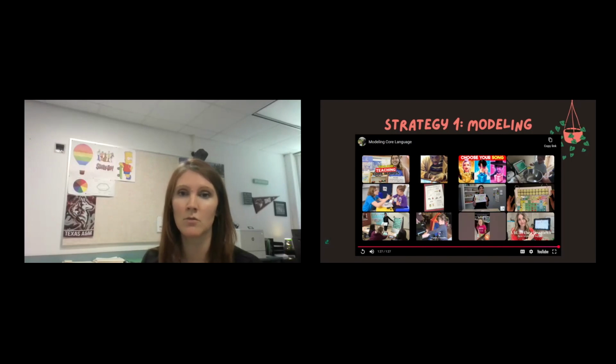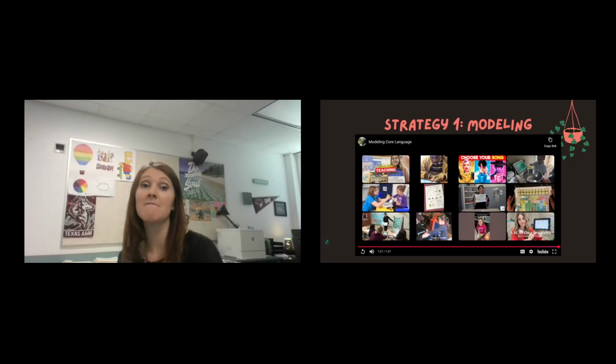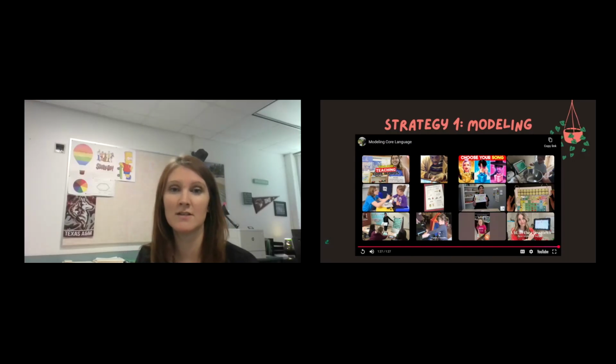She's sticking to those core words: in, out, what. She's modeling different functions, asking questions about what's in the bag, making a comment, validating a student's response. Somebody says something about breaking it open and she models, oh, you want me to break it open? So she just does a really nice job of modeling in a fun activity.